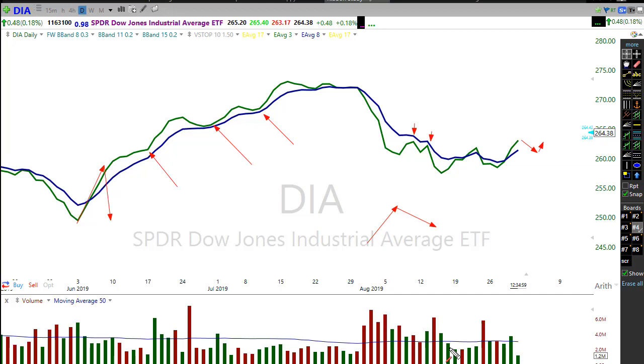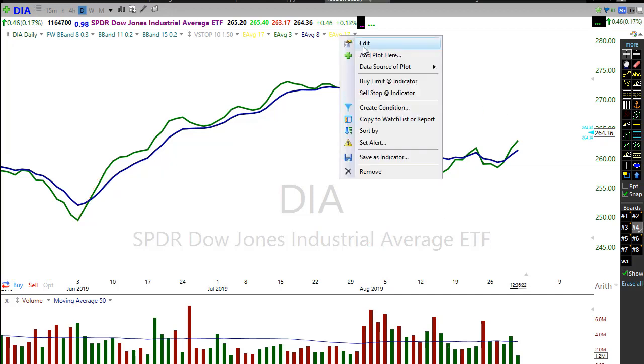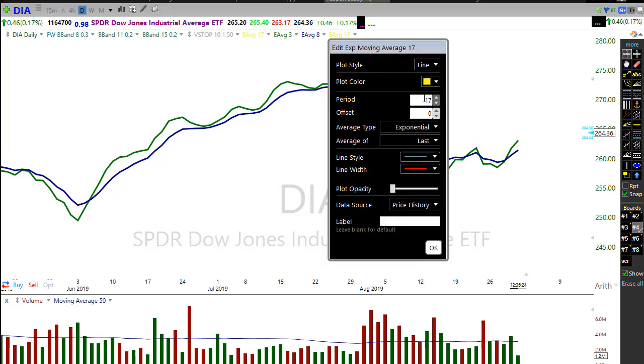Okay. Now, if you want, you can add in another moving average. And you guys have seen me use a 34 exponential or a 17 exponential moving average. If I turn on a 34 exponential moving average in here and put that on, it helps me identify trend. I'm on the right side of the market.